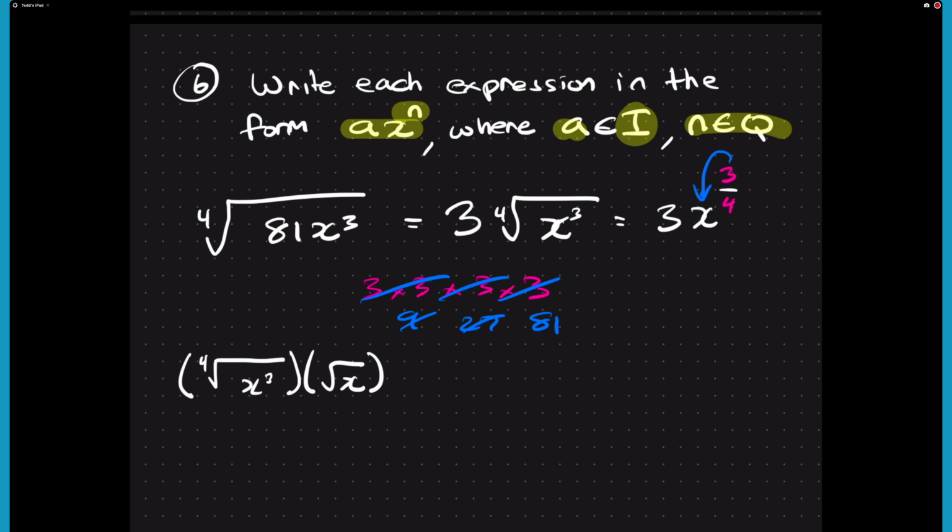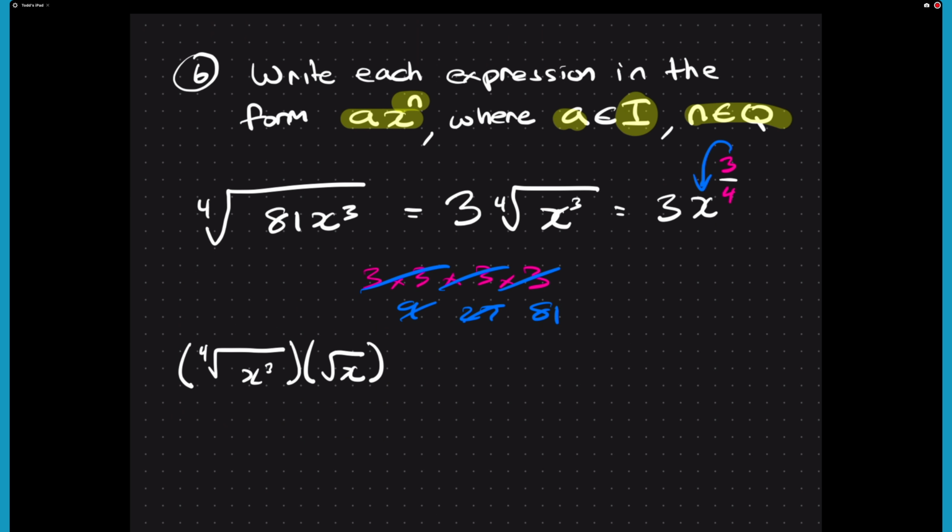Okay, let's take a look at the second example right here. Now I've got brackets. Nothing can really be done inside the brackets at this point other than changing that radical into a power form. I think it's actually better to change that first into power form.